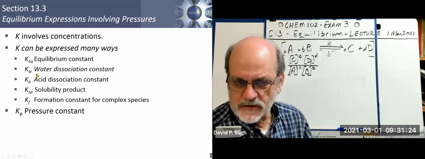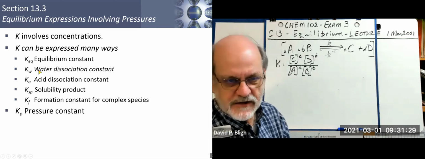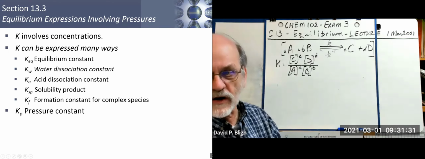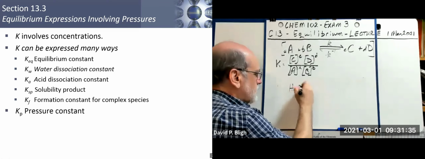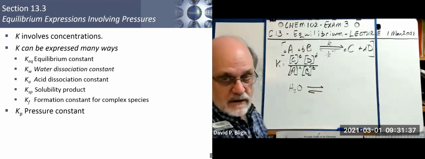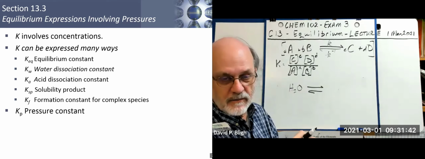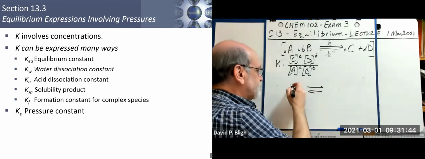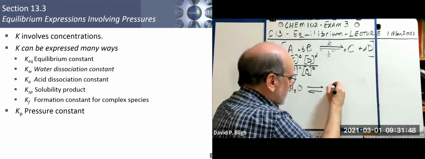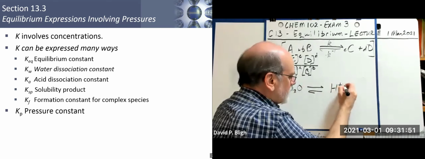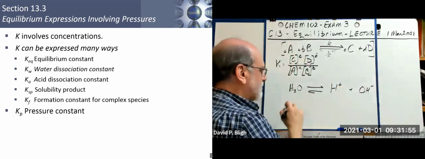The K with a subscript of W is this very special situation which discusses the equilibrium of water dissociation. So we know that water can do this. Well, maybe you don't know yet because we haven't talked about acids and bases, but we will. But I'll just say that water can dissociate like that.